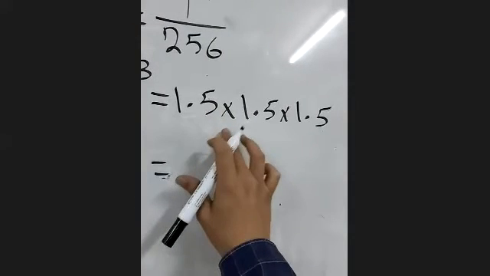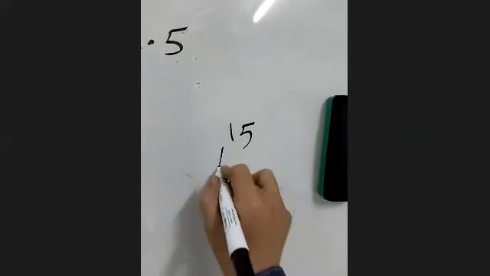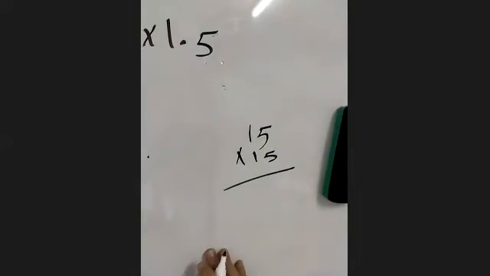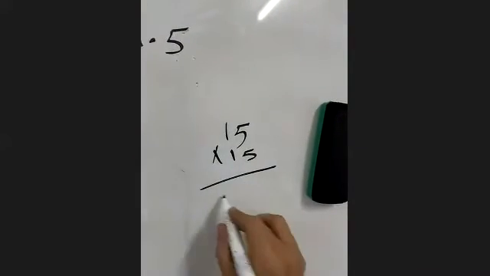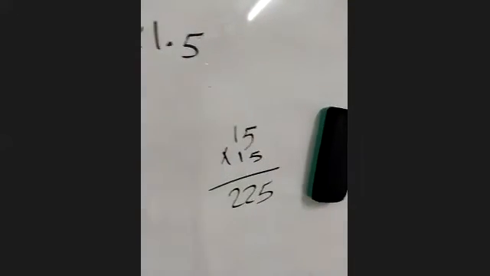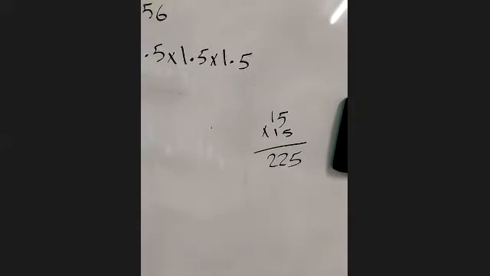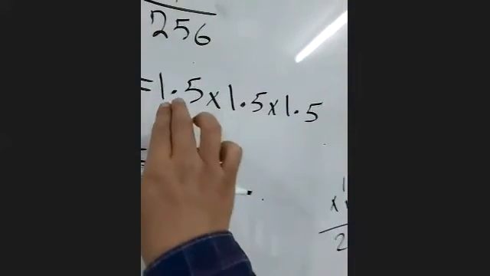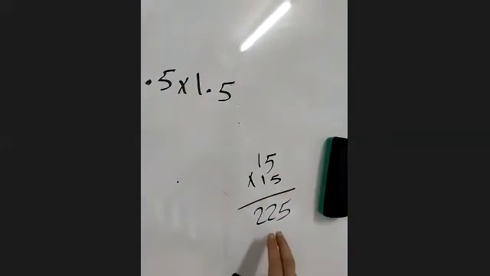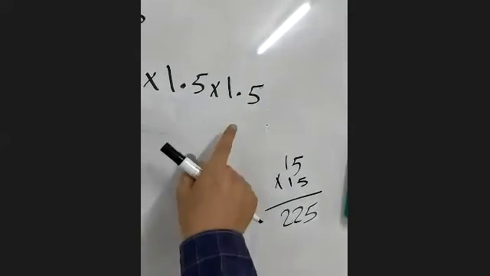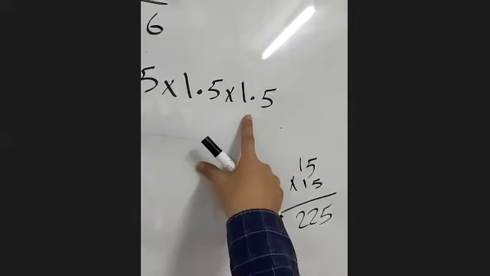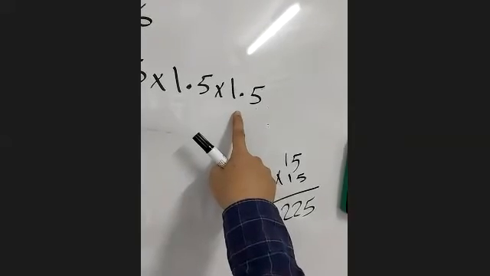15 multiply 15. If you do 15 multiply 15, what's the answer? It will be 225, right? Yes. Now, after we multiply 15 by 15, which is 225, I'll multiply with what? 15. With 15 also.